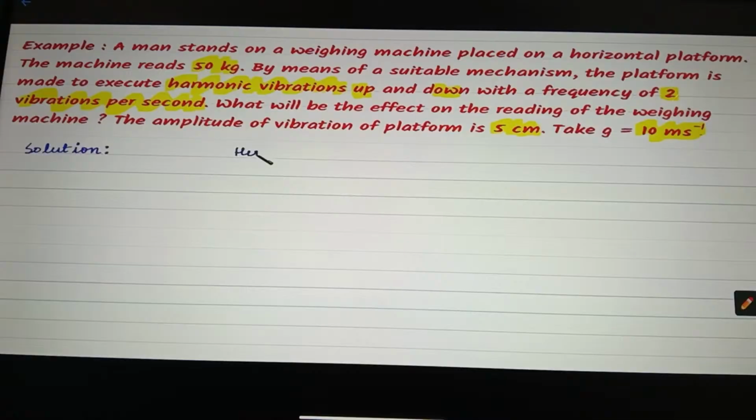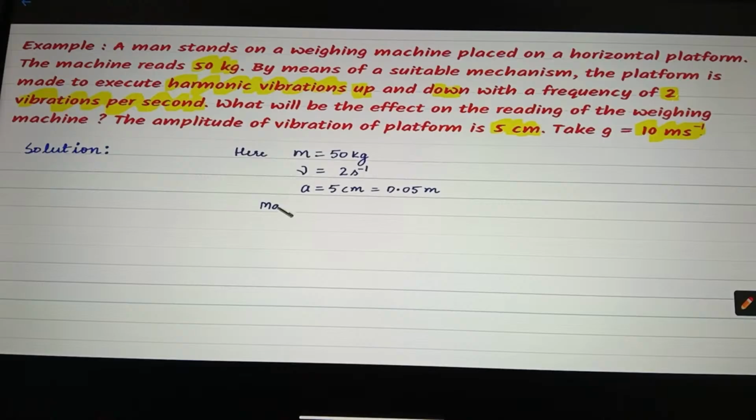So here in this question, mass is equal to 50 kg, frequency is 2 second minus 1, and amplitude is given as 5 centimeters, which is equal to 0.05 meters.